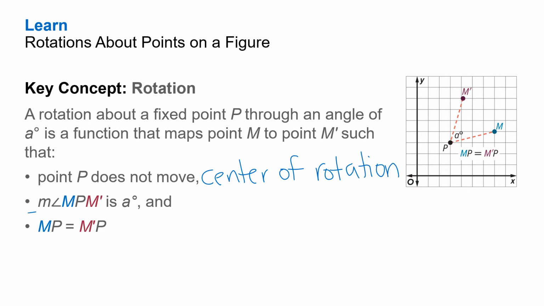The symbol M with the angle on it means the measure of an angle.